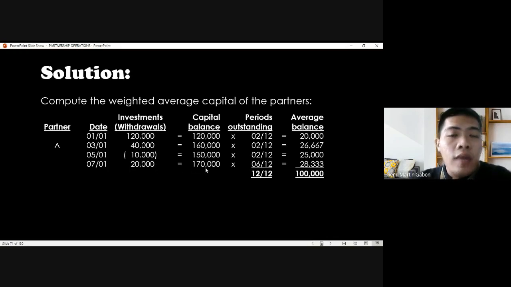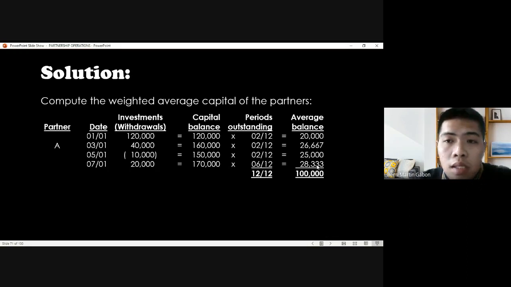Then at the end of the year, naging outstanding daw yung 170,000 na yan by 6 months. By 6 months, whole July, August, September, October, November, and December. Okay? So times 6 over 12. So the average balance for that is 28,333 rounded off.